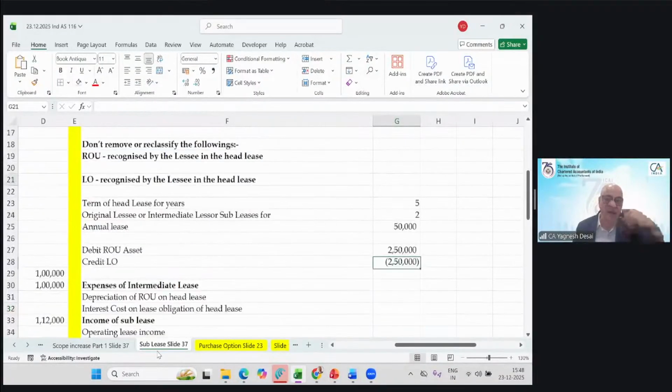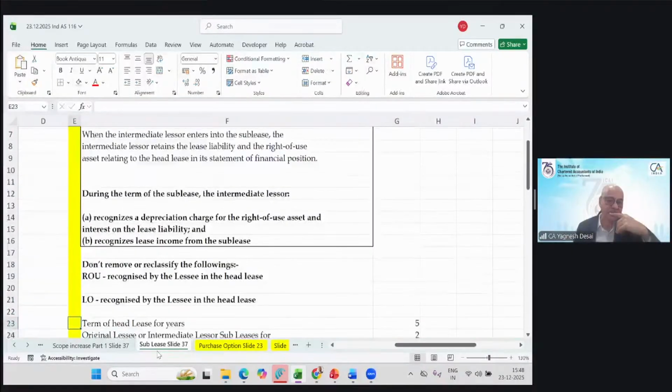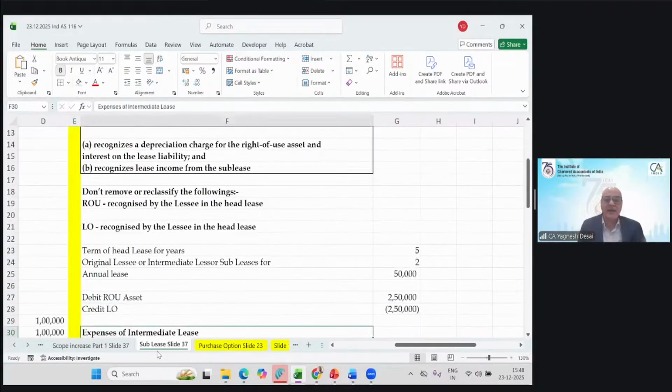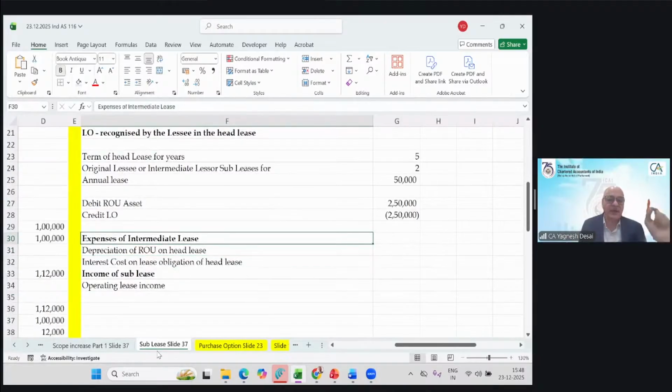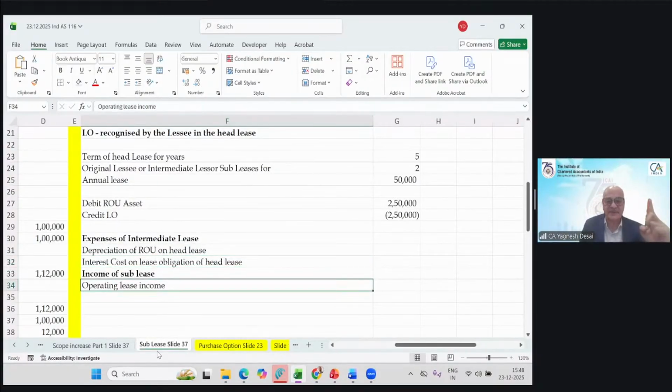Friends, for this, I have done a very exhaustive case, which I'm going to share with you in the Excel sheet. What happens if my sublease is considered as an operating lease? I retain my ROU asset. I do not de-recognize my ROU asset, and that remains in my books of accounts. Expenses in case of the intermediate lease will be depreciation of the ROU asset and interest cost of the lease obligation on lease number 1, and income is operating lease income.